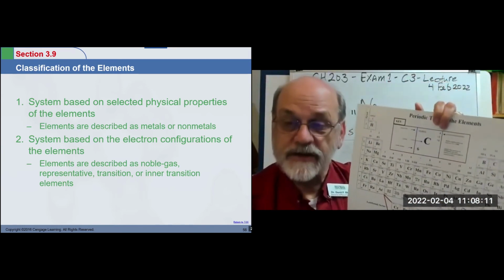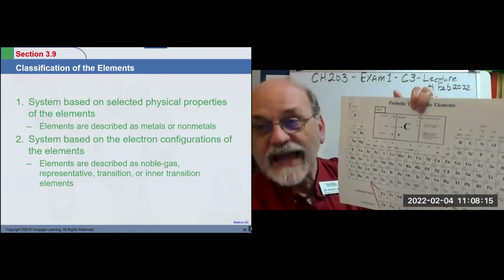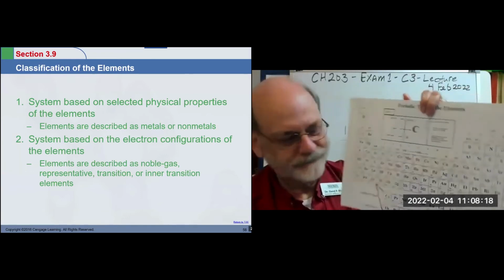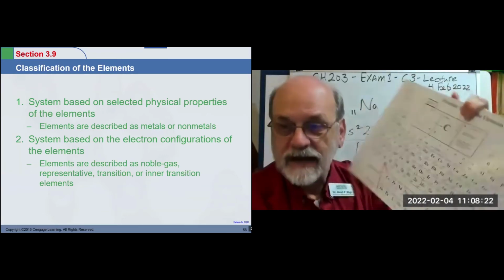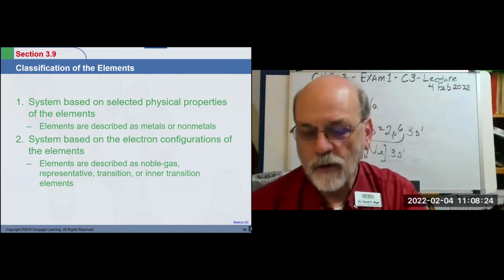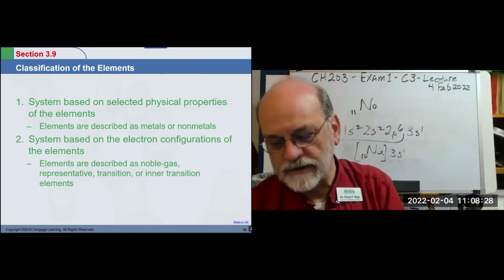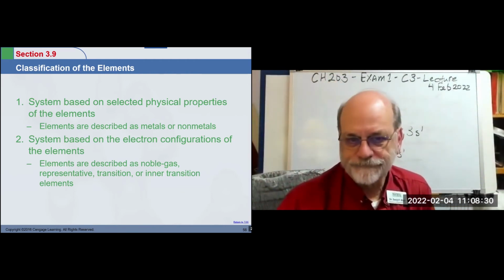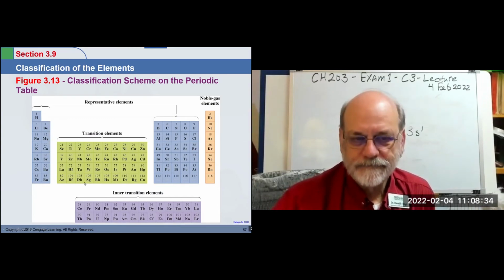The inner transition elements that they're referring to here are these, actinides and lanthanides. They're in the transition area, but they're inner. And actually, you're filling f orbitals there rather than d orbitals for the rest of the transition elements. Okay, I stole my own thunder.